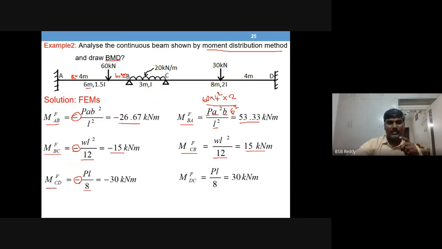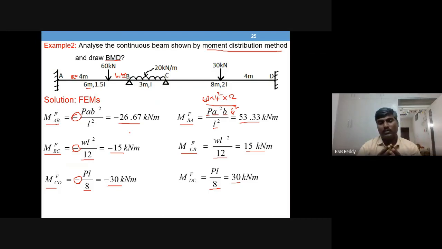So P is 30, L is 8, divided by 8. So it is minus 30. Similarly, the fixed end moment at D is of the same value but of different nature, because of symmetry. So 30. So these are the fixed end moment values.